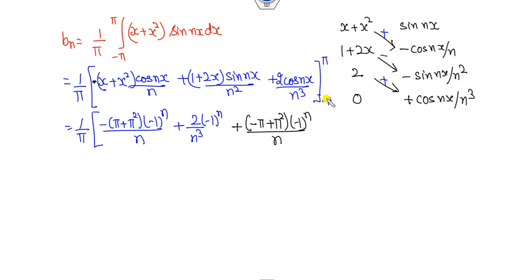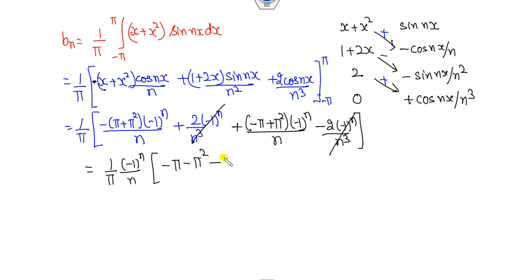Sin n pi is again 0 and it's a minus 2 over n cube. So this term will be cancelled out. Again I can take minus 1 raised to power n over n common. So it is minus pi square minus pi plus pi square. So pi square will be cancelled out, one pi will be cancelled, and this is the value of bn.